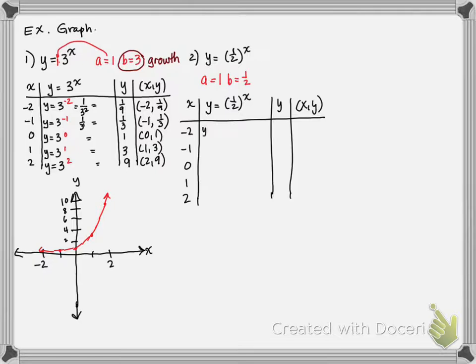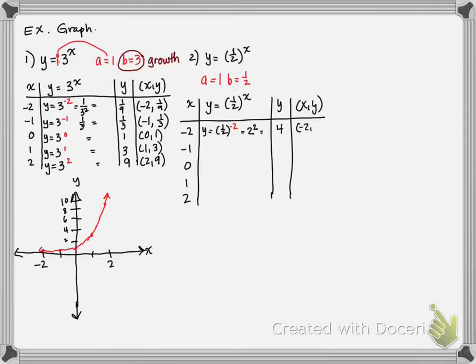So when I plug in -2, what that's going to do is it's going to flip, take the reciprocal of the base, and then the exponent would be positive. So when I put in a -2, I get 2 squared, which gives me 4.